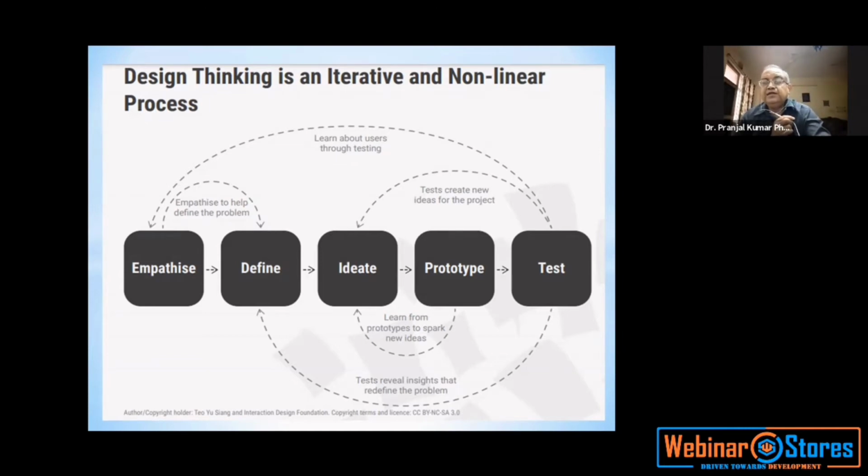You can start empathy twice or thrice before going to define, or define can start before going to ideation, or ideation can start before you go to test. These things are made in such a way that you can invest your time more fruitfully, and you can have a better understanding of the current situation or environment due to which this problem statement has cropped up.